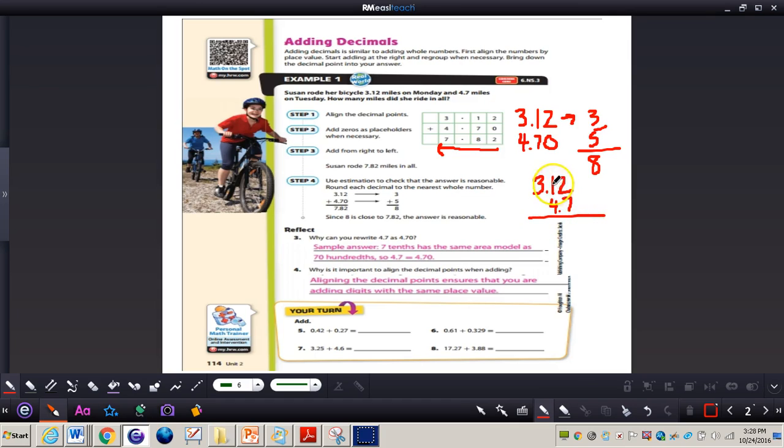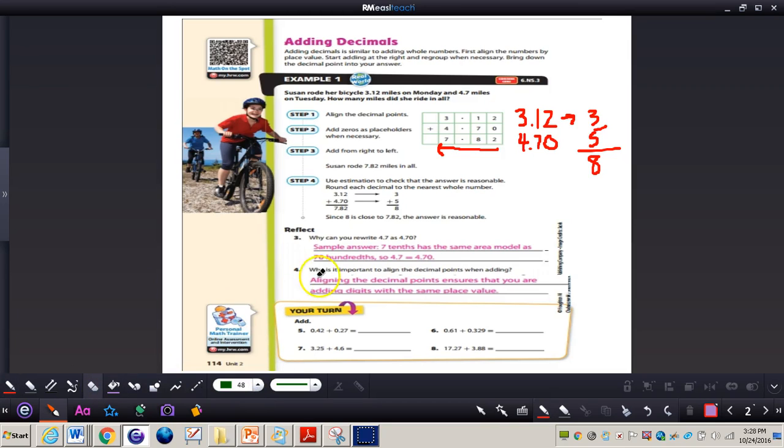You could see we would be adding a whole number to the tenths, a tenths to the hundredths. Okay, it would just be all wrong. So make sure you line up the place value first. That's very, very important.